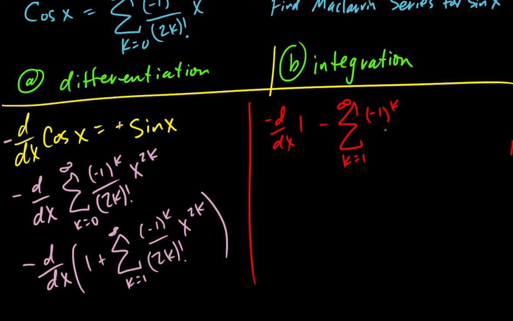So when we have a constant out in front of something that's not a constant, then the derivative doesn't really affect that. So we're going to think of the derivative just being on this piece. Now, if we actually take the derivative of 1, which is a constant, it goes to 0. So we essentially just ignore this piece.